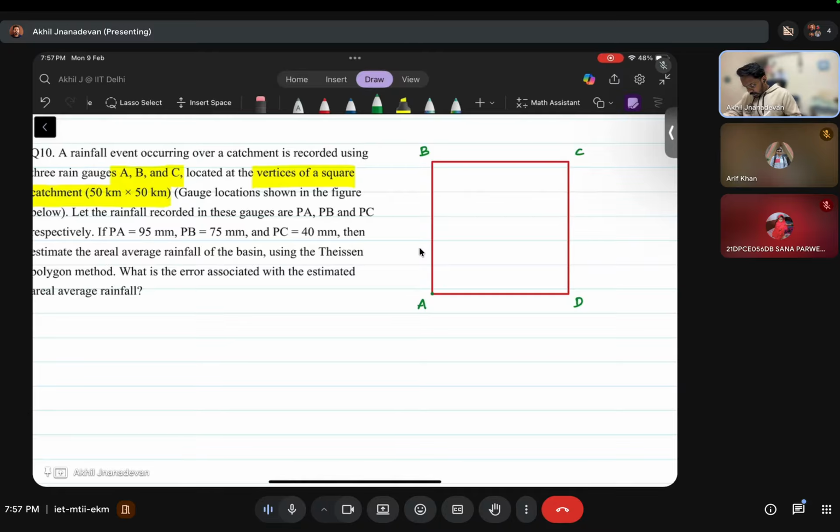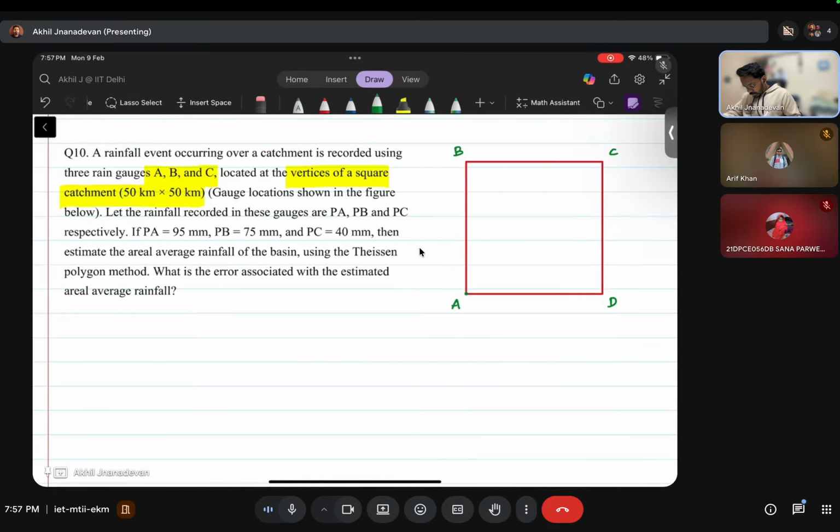They are saying rain gauges are there along the vertices A, B, and C. So here a rain gauge is there, here one rain gauge is there, and here one rain gauge. And this square, 50 kilometer by 50 kilometer, is our catchment, which we are focusing on. There are rain gauges at these three vertices only. There is no rain gauge at the vertex D.